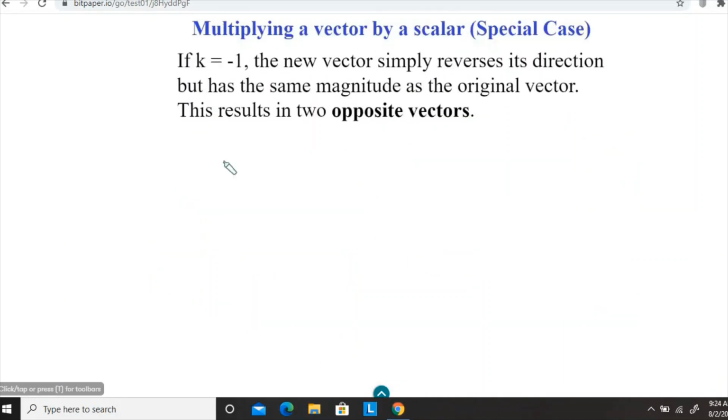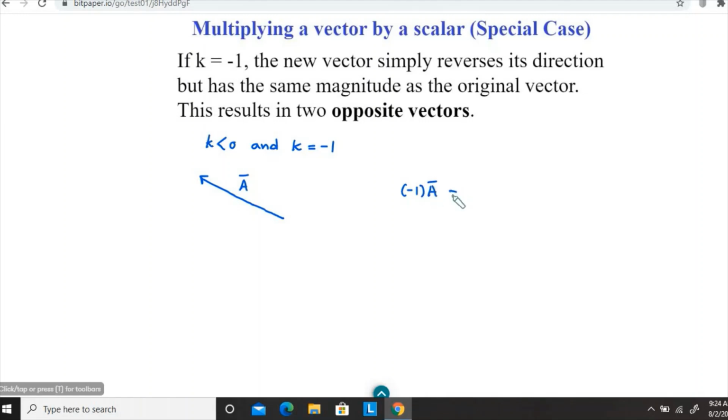Now let's talk about another special case. Again, k is less than 0 and k is equal to negative 1. So let me draw our original vector, vector A, pointing in this direction. In order to apply this special case, I am going to multiply the A vector by negative 1.